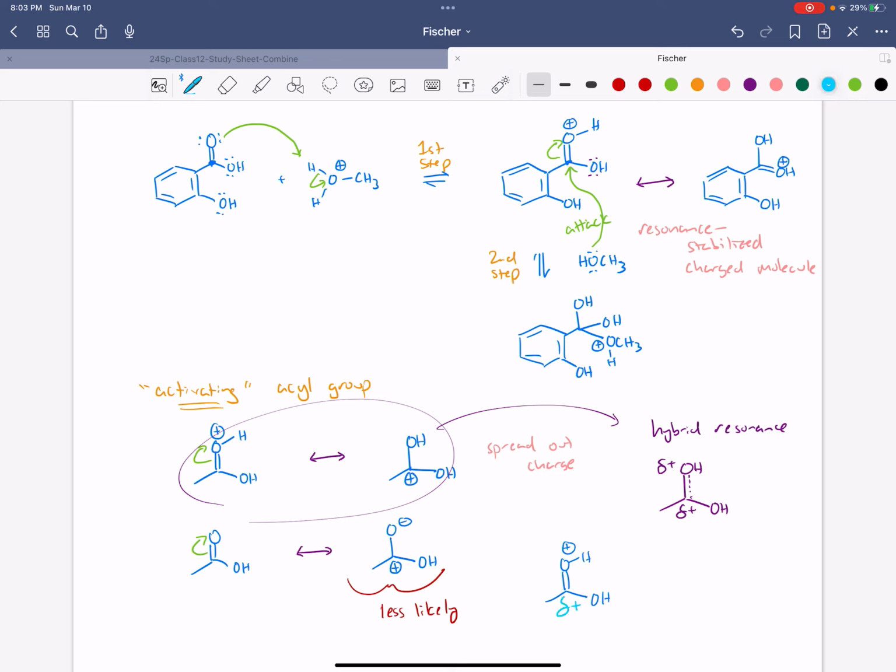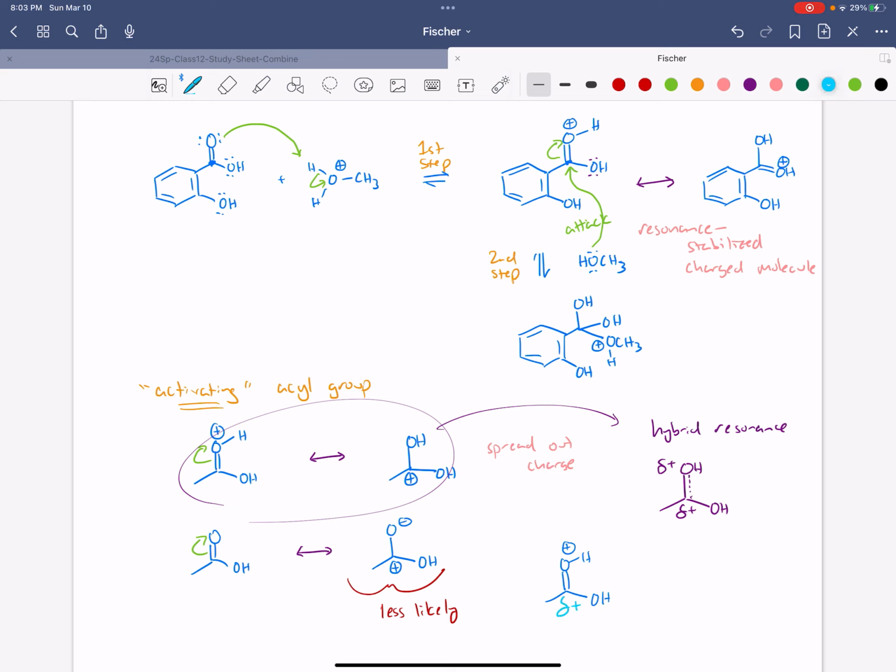In this case, true, your positive charge is on this carbon, but this is a lot less likely resonance structure because you are creating charge from a neutral molecule. So just a little note, emphasize that this started as a neutral.